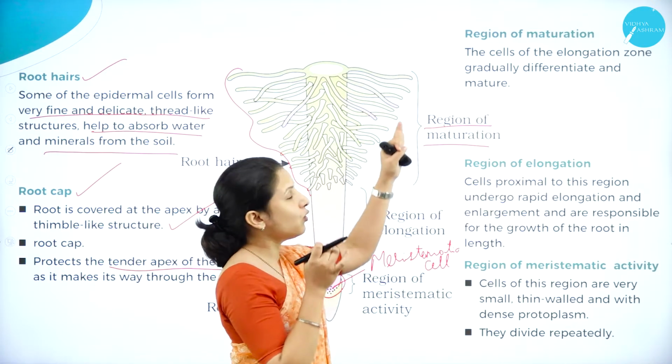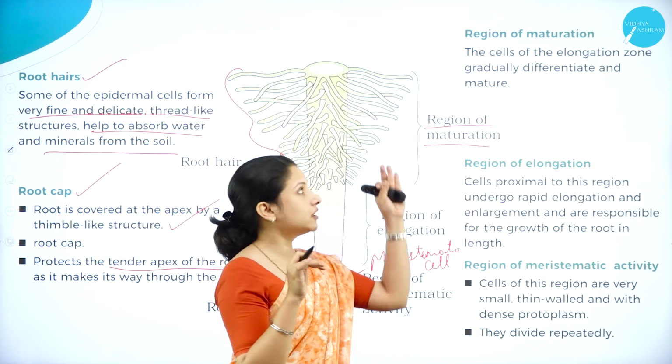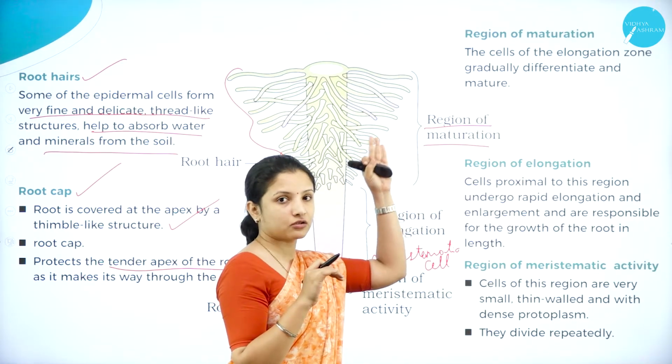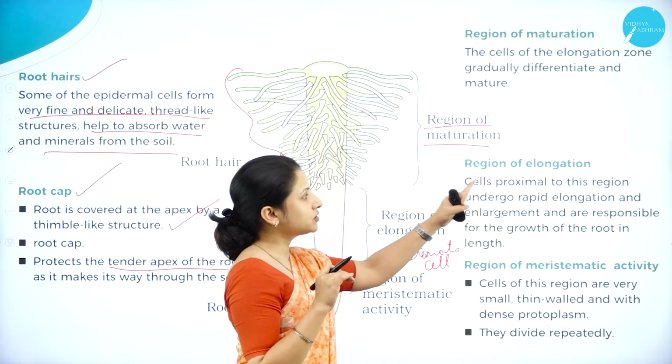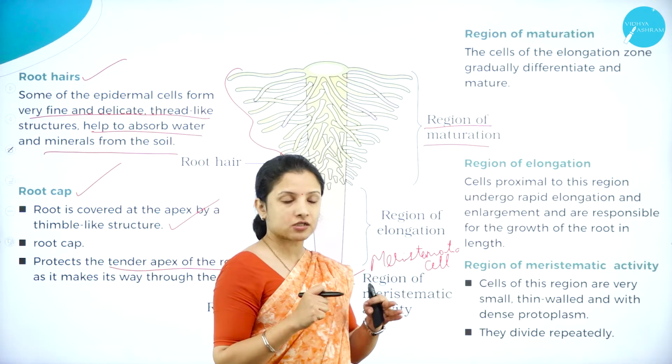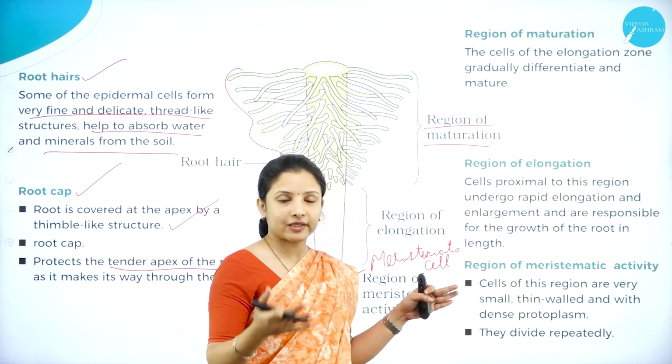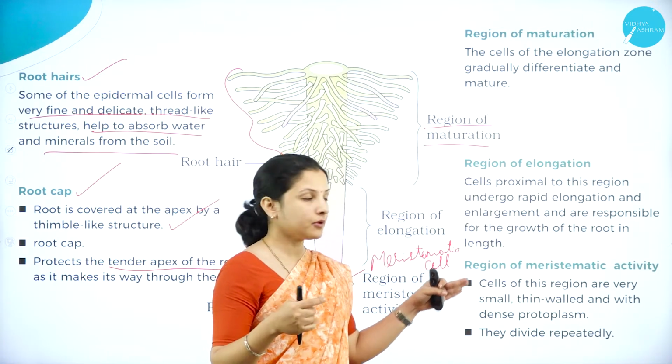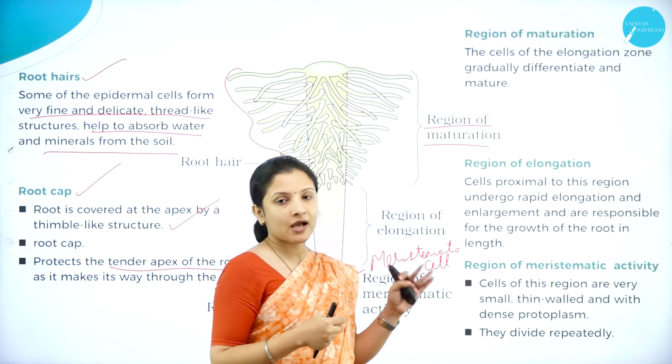Therefore, the old part of the root will be the matured part, that is the region of maturation, and the part wherein the cells are increasing in size will be the region of elongation, and wherein the new cells are being formed, it will be the region of meristematic activity.